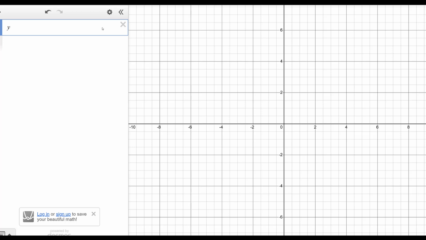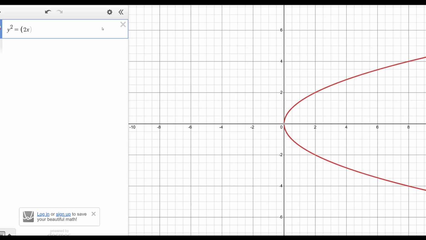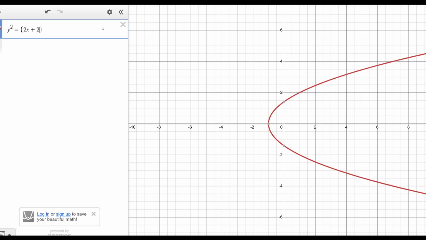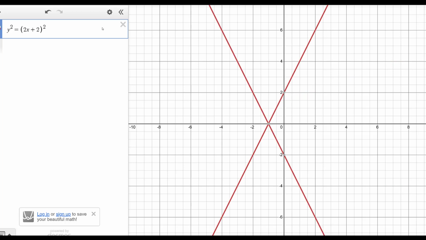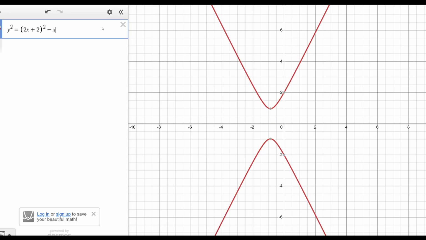Let me try this. What if we just went with y squared equals 2x plus 3, I'm going to square that, and then I'm going to subtract x squared.